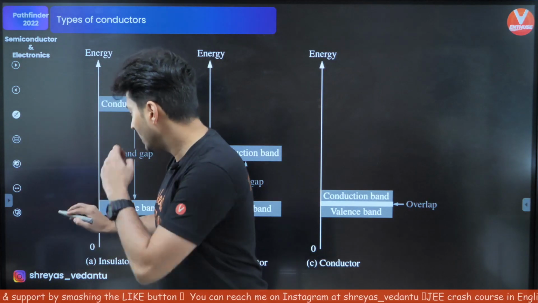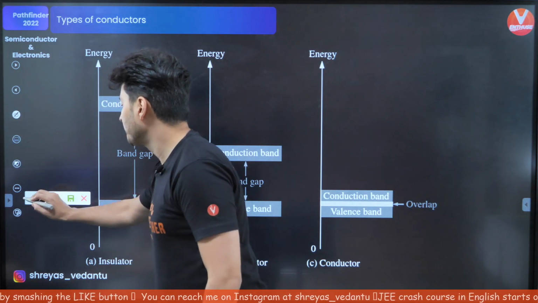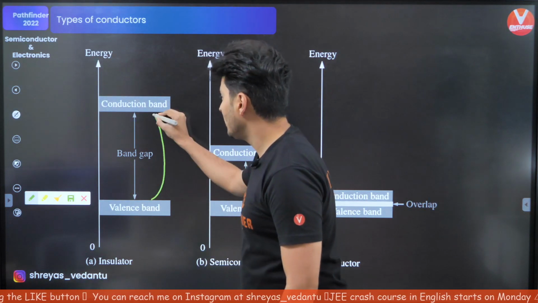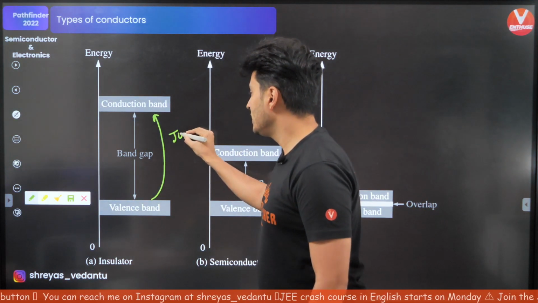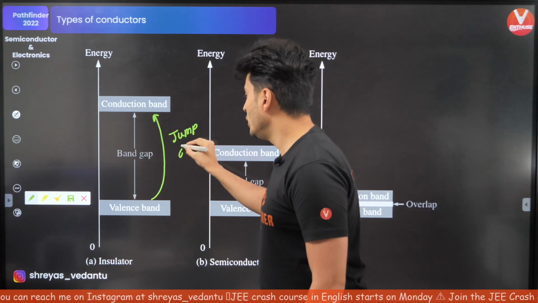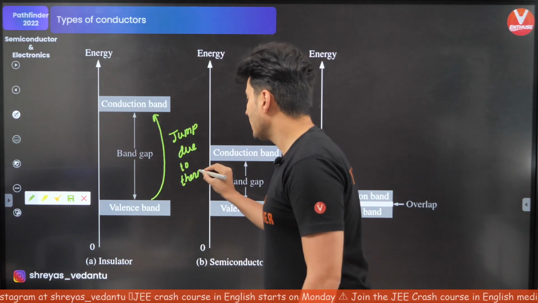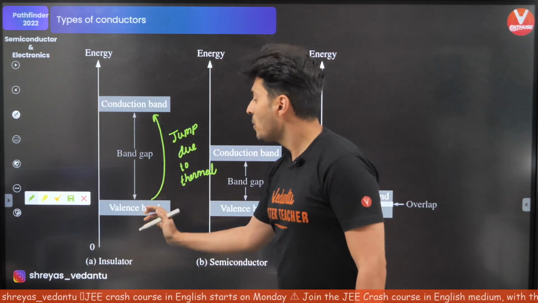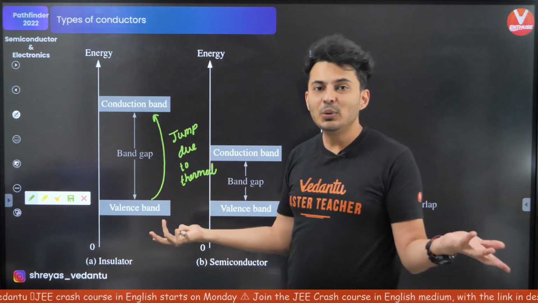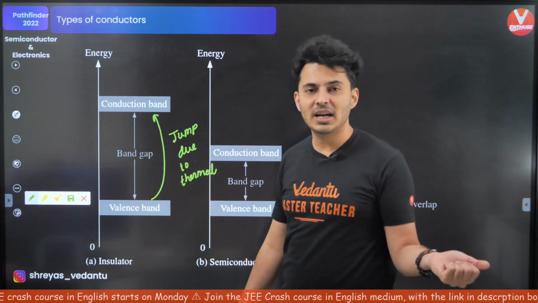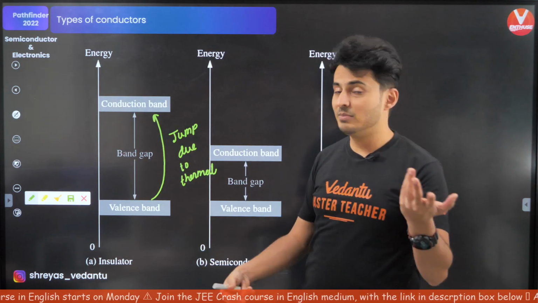All you need is, due to thermal energy, these electrons should jump from here to here, right? That jump should be possible due to thermal energy. Now if the thermal energy is insufficient to push these electrons, then no electron is there in the conduction band. That's it. Conduction band means it's empty now.